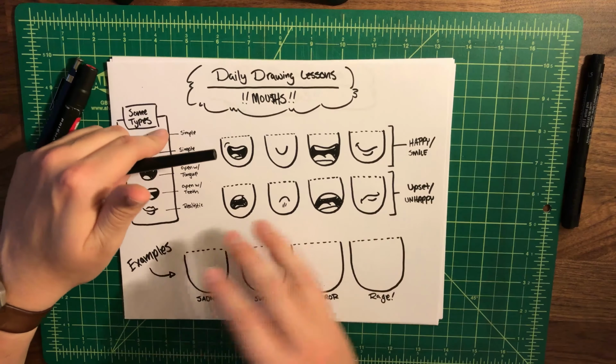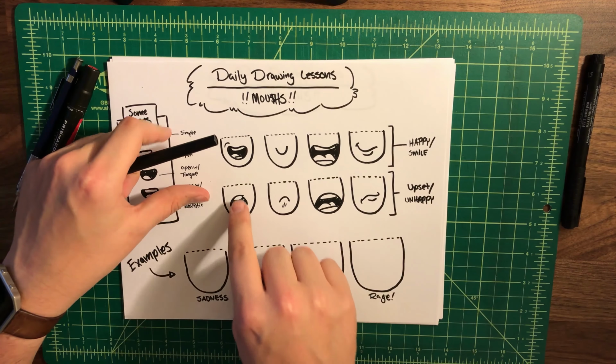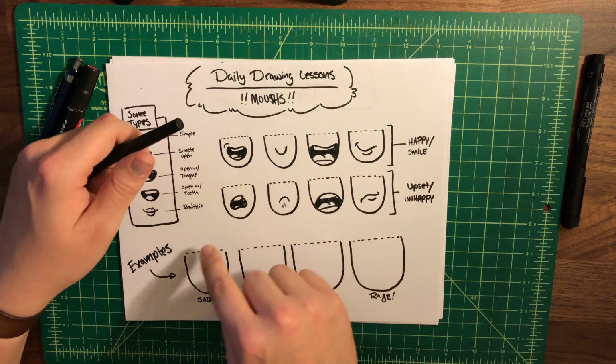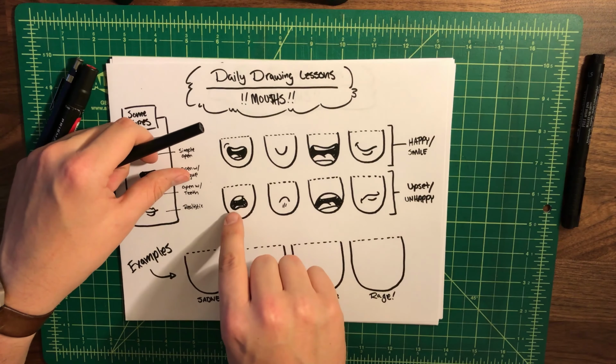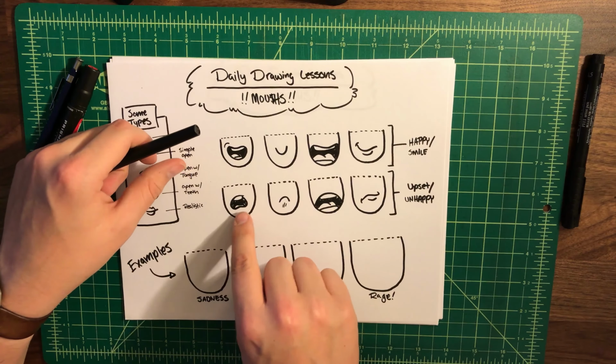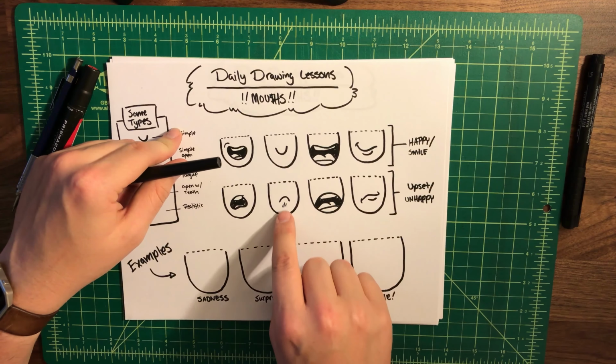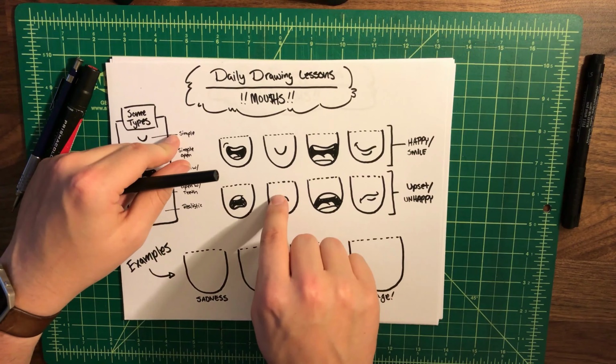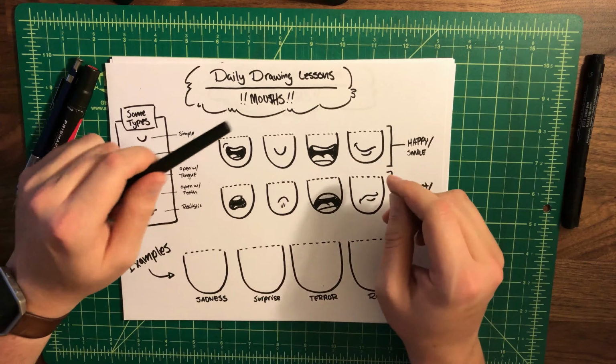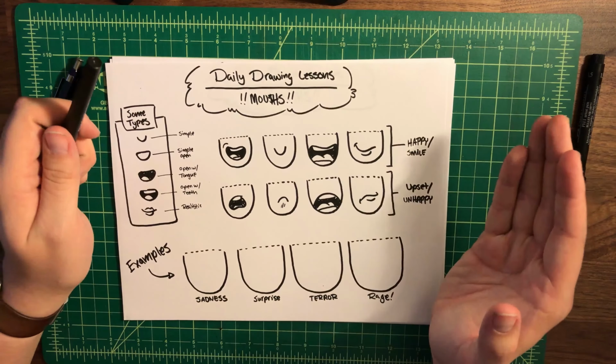Then you come down to here and you have something similar. You have that same bean shape, but it's flipped upside down. You've got teeth and a little bit of a tongue right there. Then you have the frown here, with these lines showing it's pushing upward, so maybe it's someone sucking on their teeth or something.